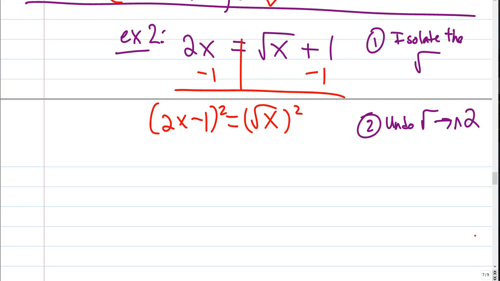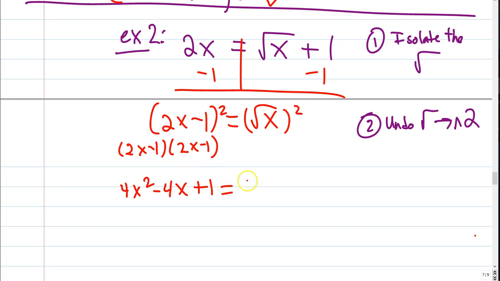You're like, no, it's 4x squared minus 1. Utter nonsense. Cut that out. It's 2x minus 1 times itself. Distribute that. You should get 4x squared minus 2x minus 2x is minus 4x plus 1. And the right one's nice and easy.